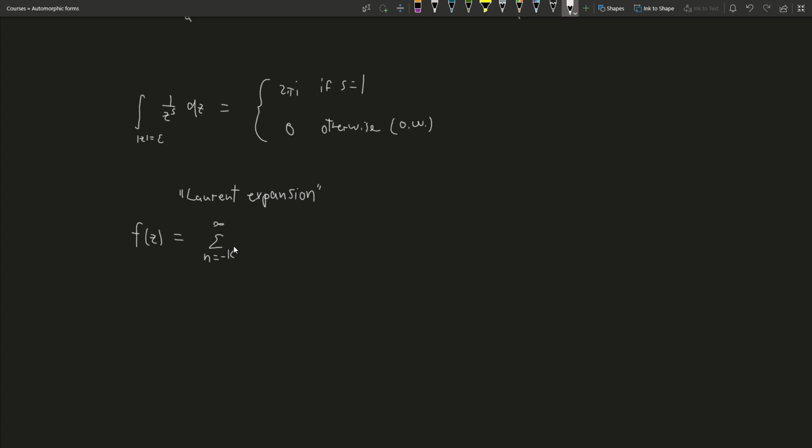I mean, it could even be 0 or negative, but just let me write it this way. And then it just looks exactly like a Taylor series expansion around this point z naught, but you're allowed to have poles, right? These are the possible negative coefficients, or the terms in which n is negative.